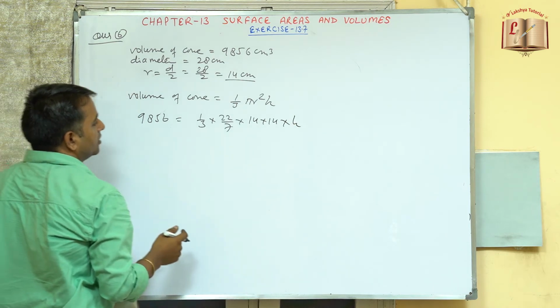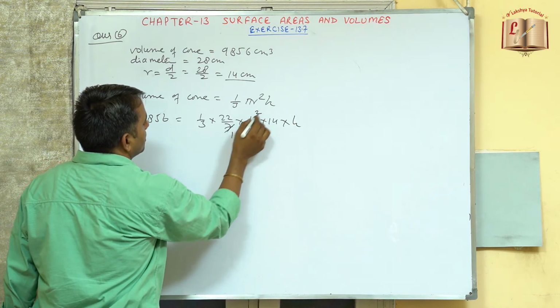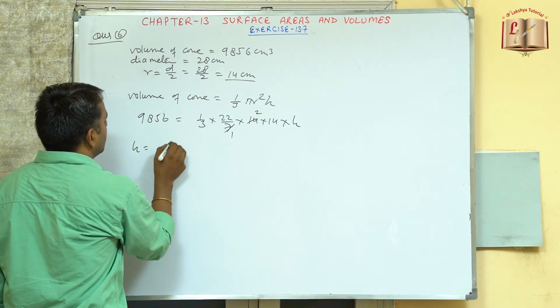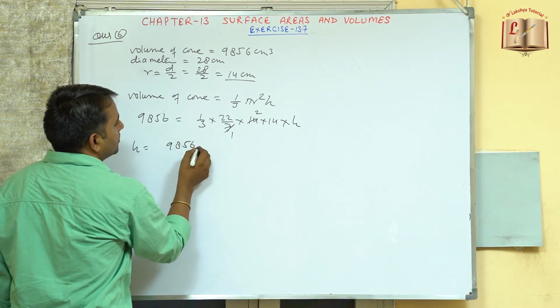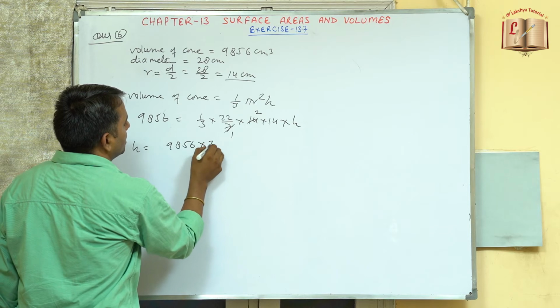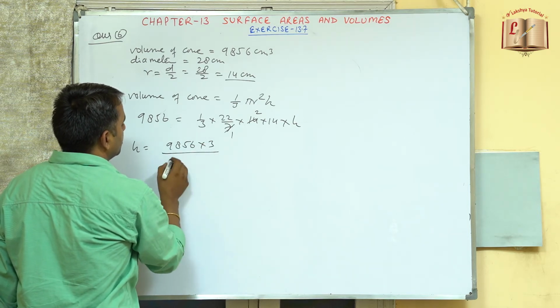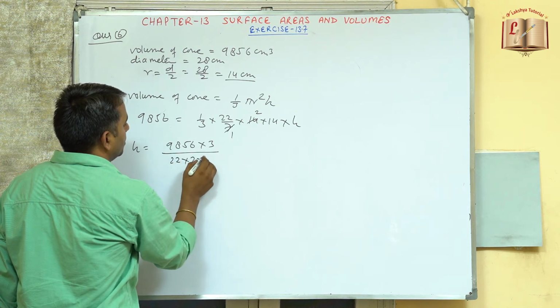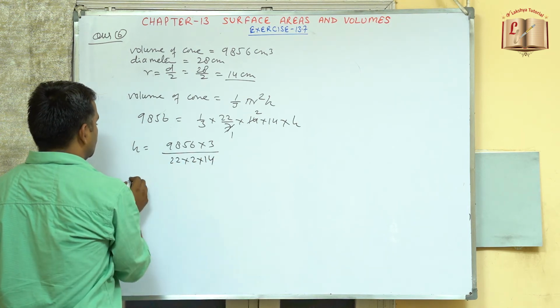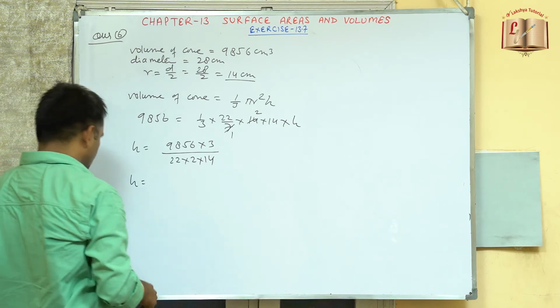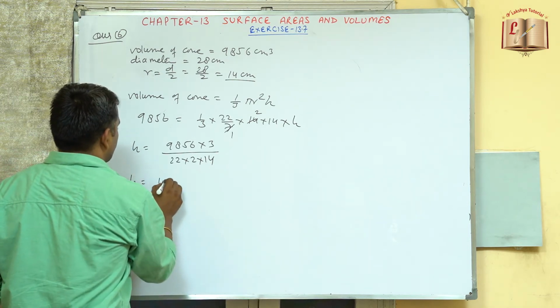We need to find out. So this is 1 time, this is 2 times. Therefore h will be equals to 9856 into 3 divided by, this will be now 22 into 2 into 14. So on calculation we got h as 48 centimeters.